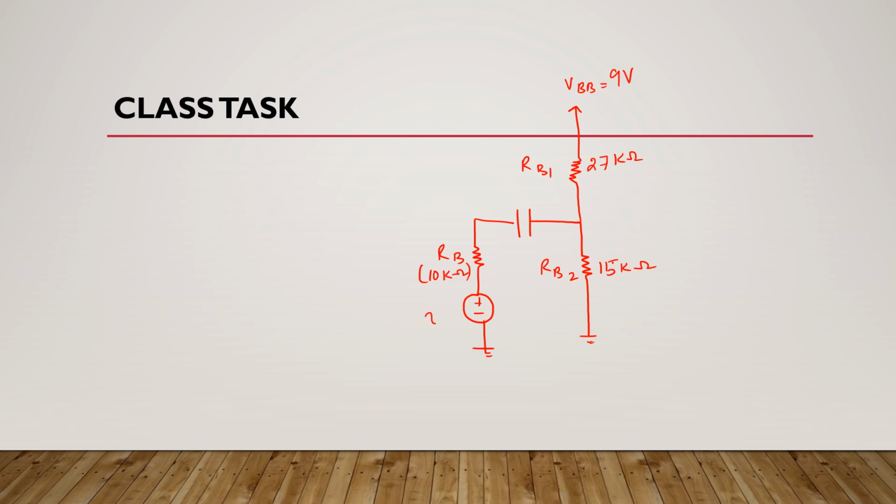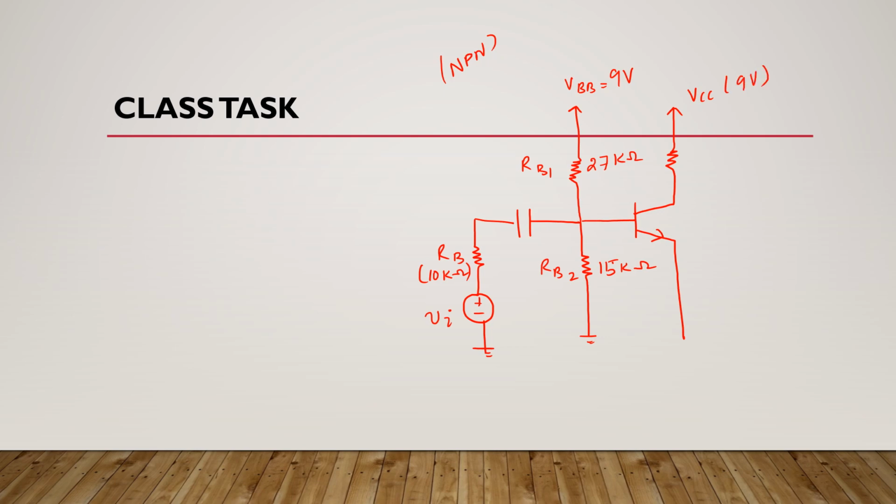This is VI, and here we have an arrow. It means this is an NPN transistor configuration. Now this is VCC, and it is also 9 volts.